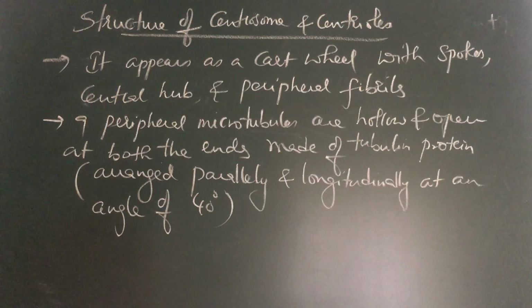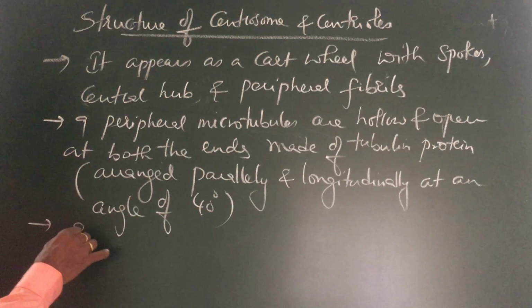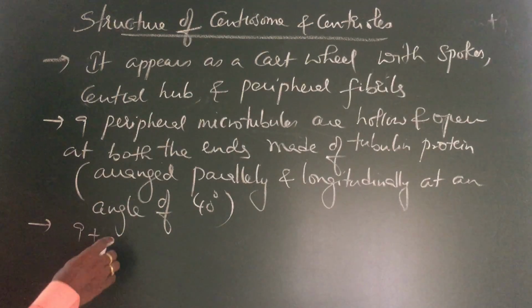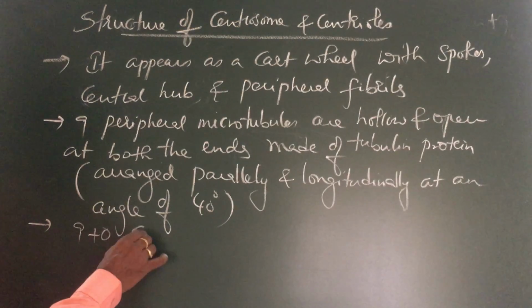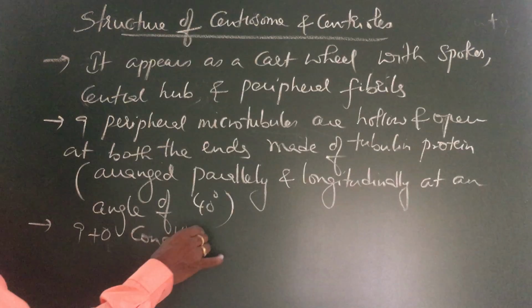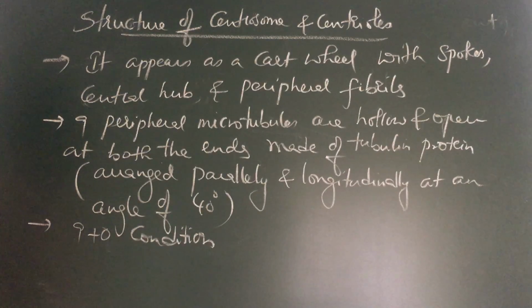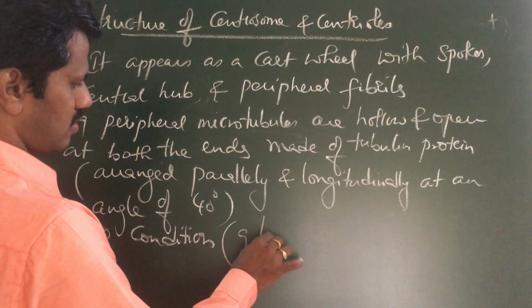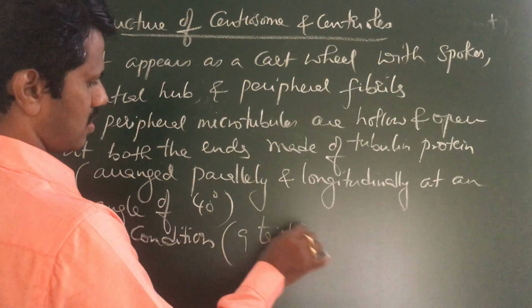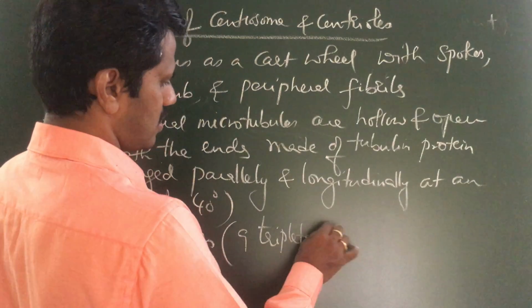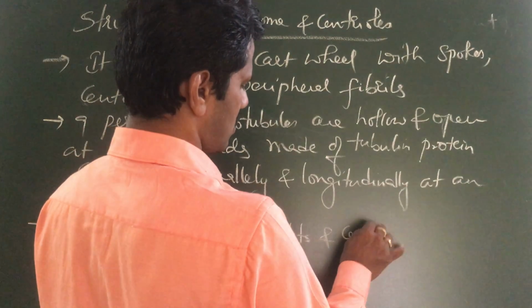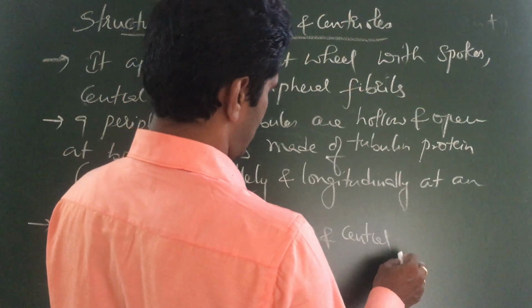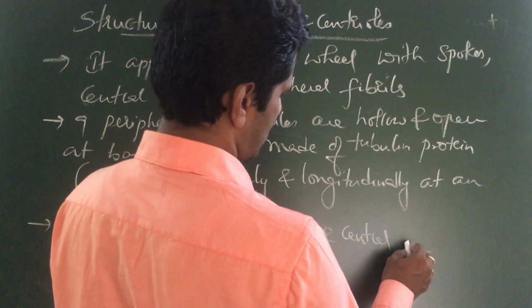The condition is called 9 plus 0 condition, because the central part does not have any fibrils. 9 triplets, and the central microtubule is absent.